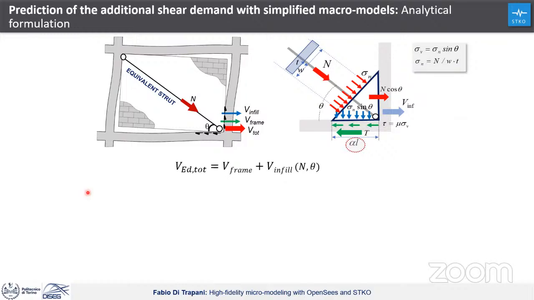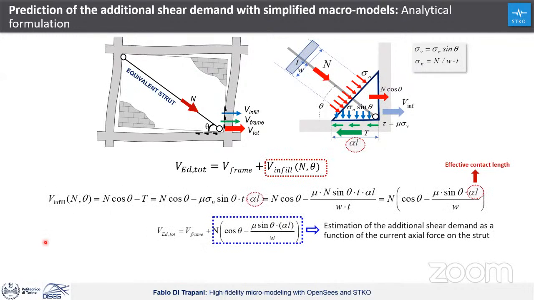By doing some consideration of the rigid equilibrium of this portion here, we arrive at a simplified expression that allows us to express the total shear demand as the shear demand that I can measure on my frame model when I'm using the equivalent strut approach, plus a rate of the current axial force that I'm measuring on the equivalent strut, based on some mechanical properties.